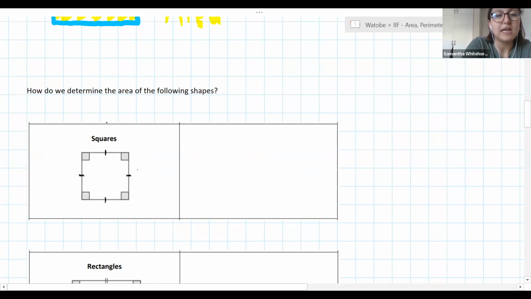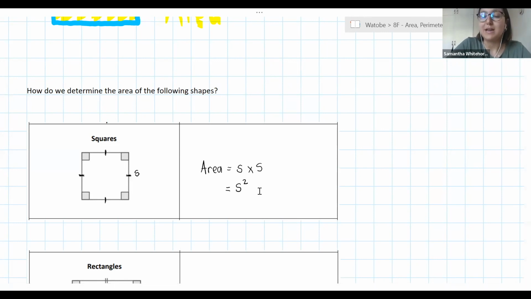And so if I say that the side is represented by S, we can apply the same logic as how we would work out the area of a rectangle, but we can simplify the area of a square to say that the area is equal to side times side, because they're the same value. And we know that if we're multiplying 2 of the same variables, we're squaring it. So here, the area of a square is found by saying side squared, or side times side.